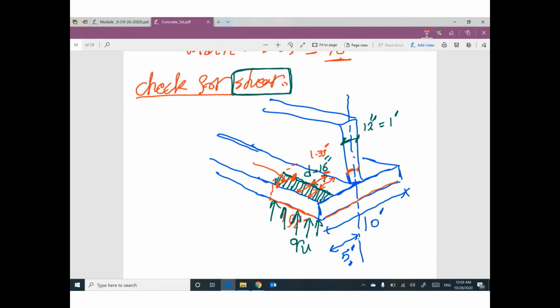Does that make sense? This little distance will be 0.5, half of 1 feet, and we have another distance here, 1.33. So from 5 feet, I can figure out the remaining one will be 3.17 feet. That makes sense?